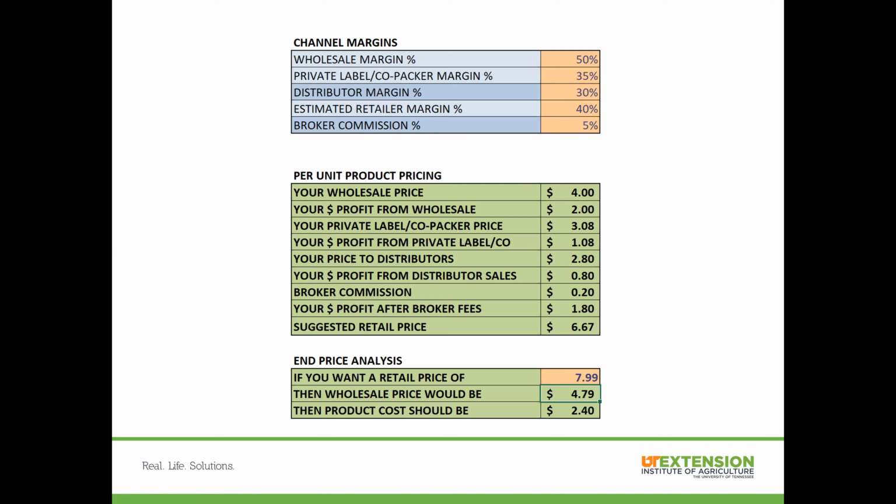And so the way we calculate that is we take the $4 and subtract the cost of the cookie and the packaging, which we said was $2, and that would leave us a profit of $2 from that $4 we received from the wholesaler. Does that make sense in calculating how we'd use that 50% wholesale margin? What we're saying is we want 50% of the price that we charge a wholesaler. We want 50% of that price to be our profit.